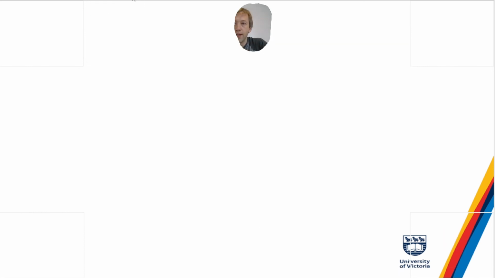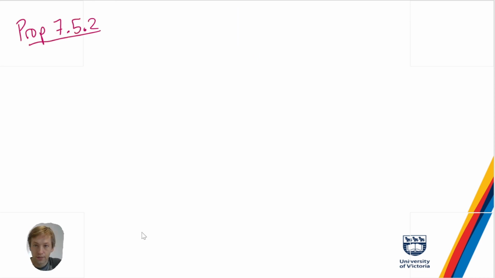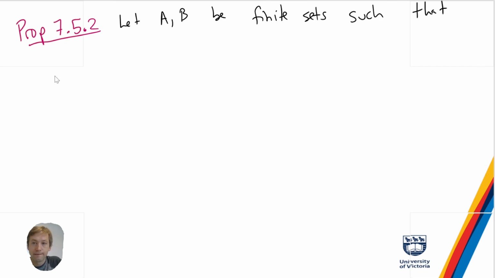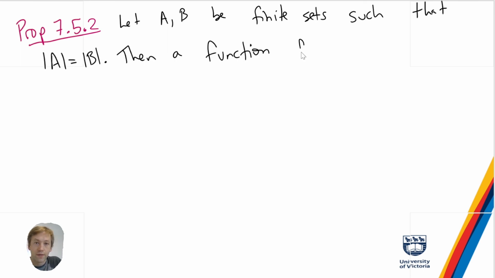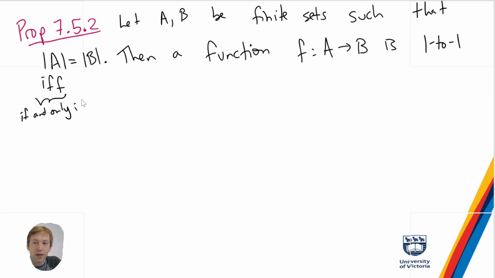Okay, so let me just mention one more thing from the notes. This is proposition 7.5.2. It says: let A and B be finite sets such that the size of A equals the size of B. Then a function f from A to B is injective, or one-to-one, if and only if f is onto.